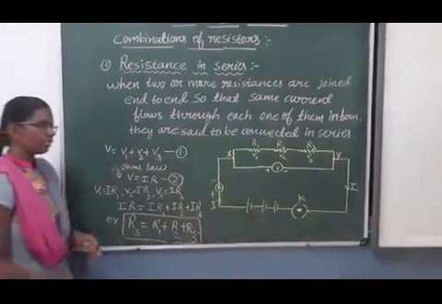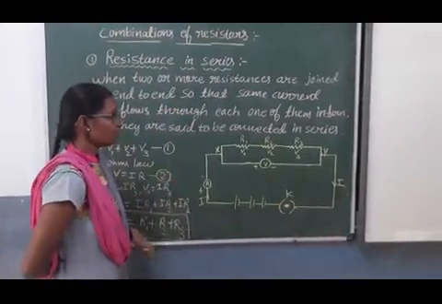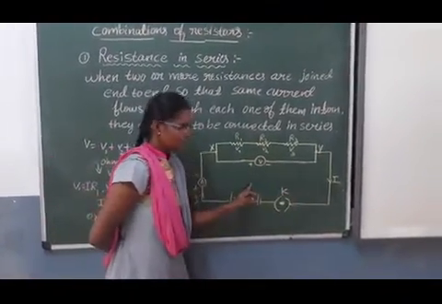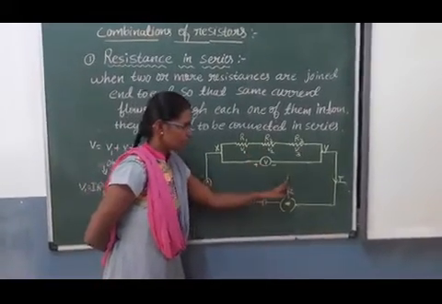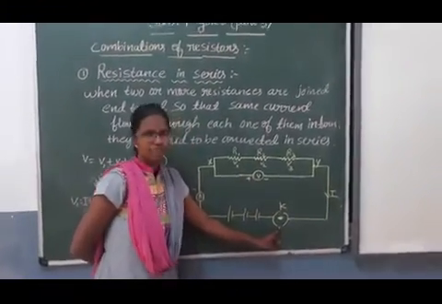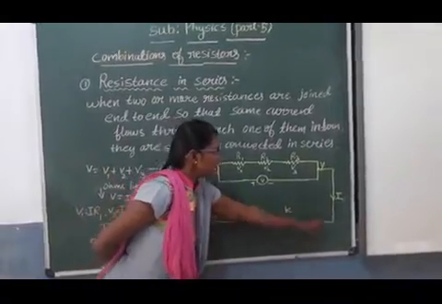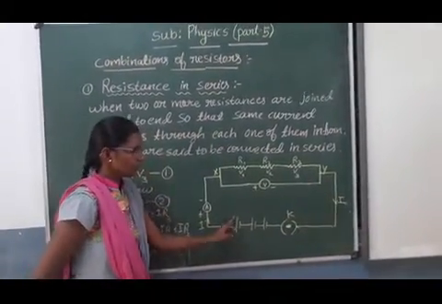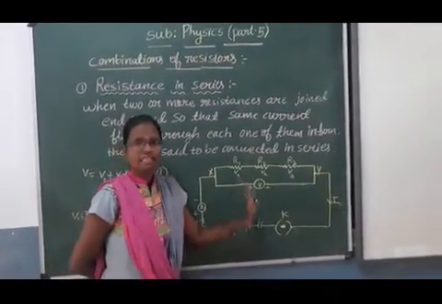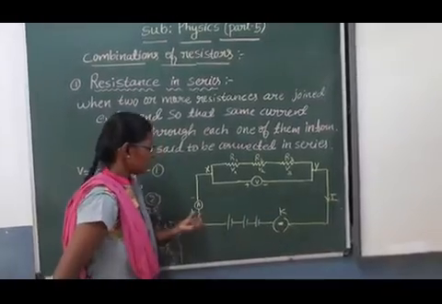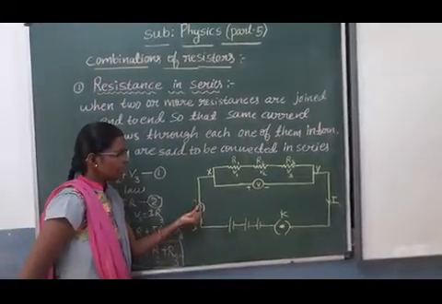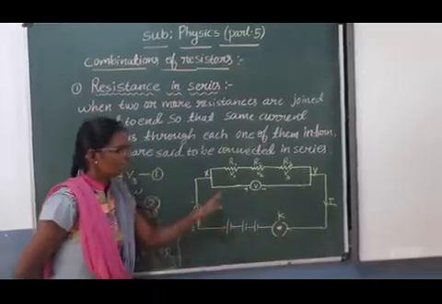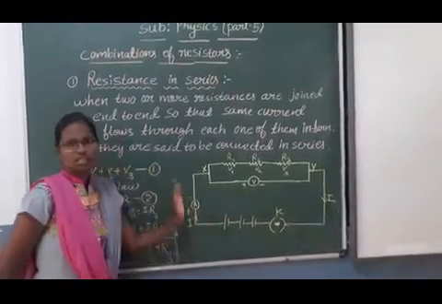And some important points related to resistance in series. In an electric circuit connected in series, the electric current in any part of the circuit remains the same. Here an ammeter is there. If you disconnect the ammeter and connect it in any other part of the circuit, the reading does not change.